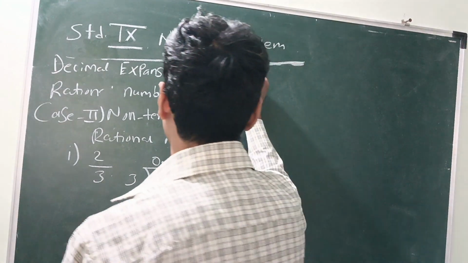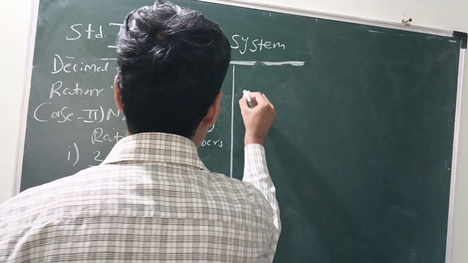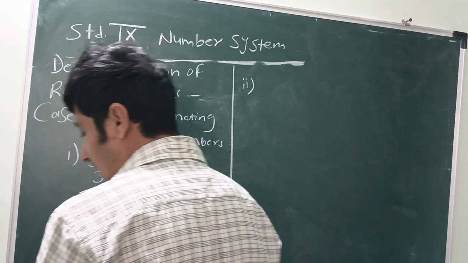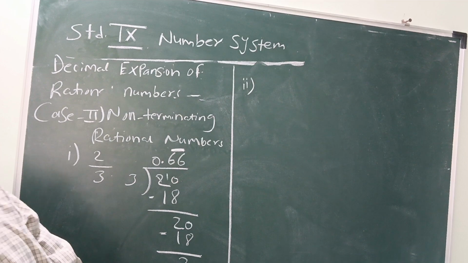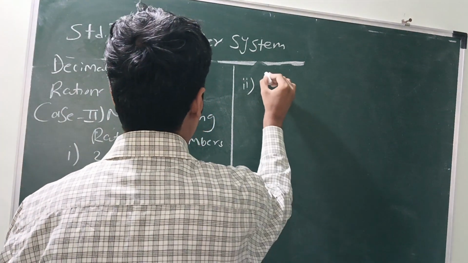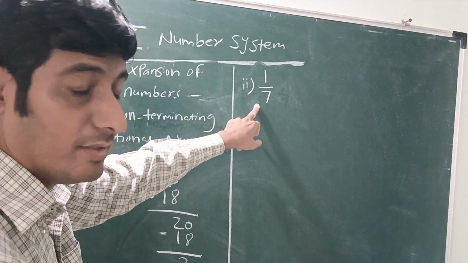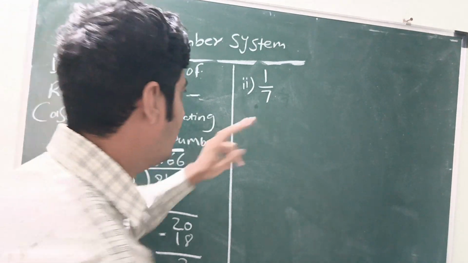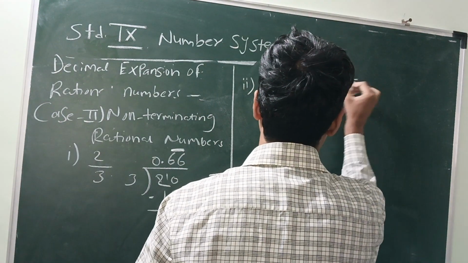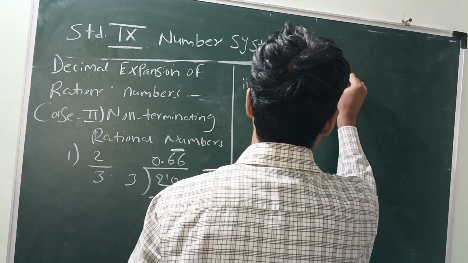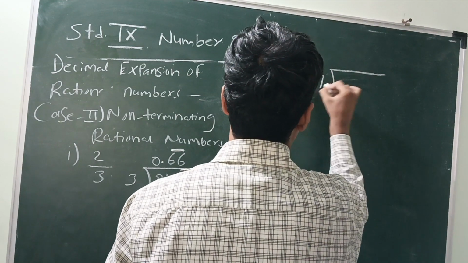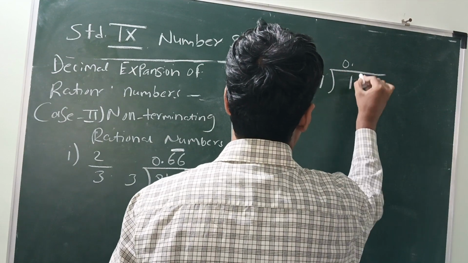Now let's take the other example. Example number 2 is 1 upon 7. Now let's divide. 7 into 1, 0 point.